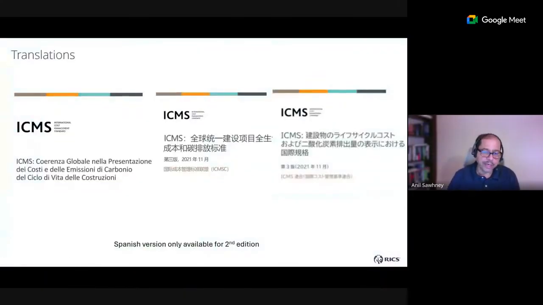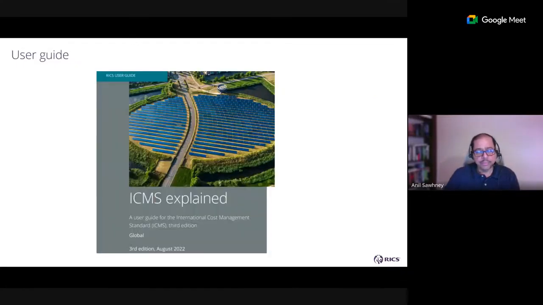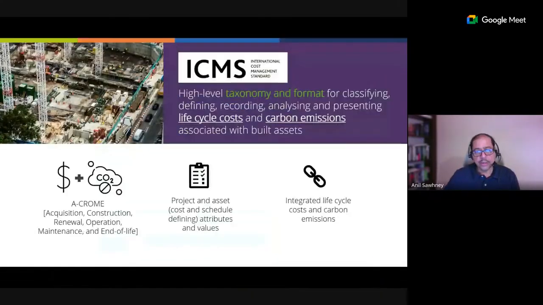So we've translated ICMS into simplified Mandarin, Japanese, Italian. I think a Spanish version is also available. There is an ICMS explained guide that you can use to understand the International Cost Management Standard. So it's like a guidance further on the standard.